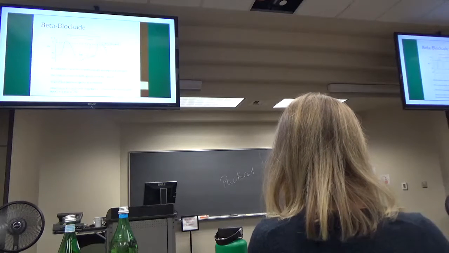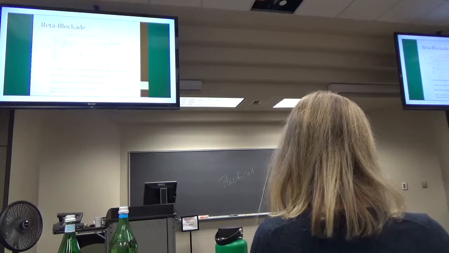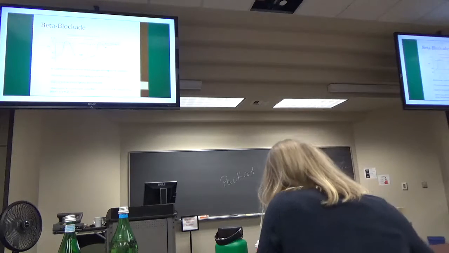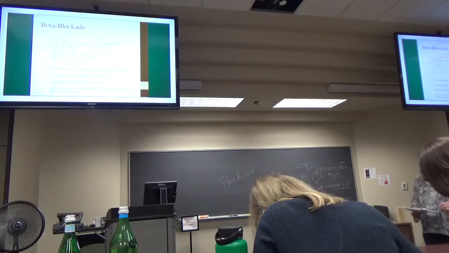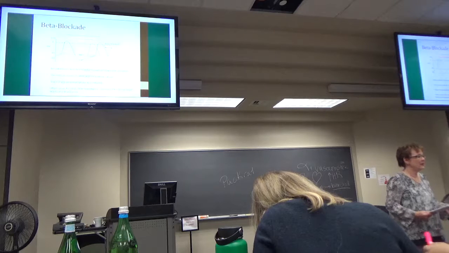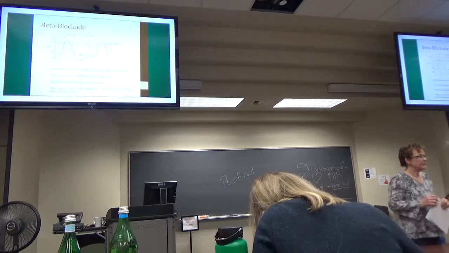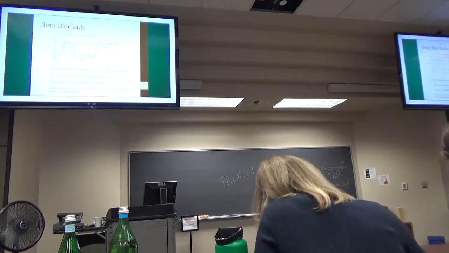Okay, look on page 13, cardiovascular effects. Bradycardia is going to be a hallmark for the most part, unless you have one with intrinsic sympathetic activity. But for the most part, their heart rate is going to go down. Hypotension. Why are they hypotensive?